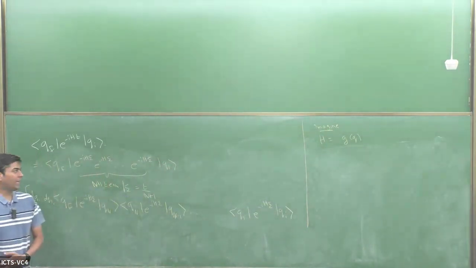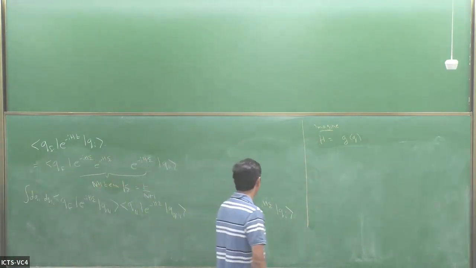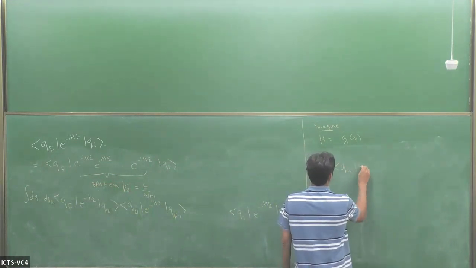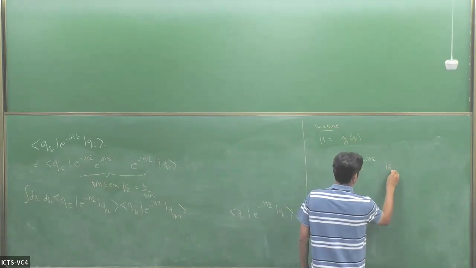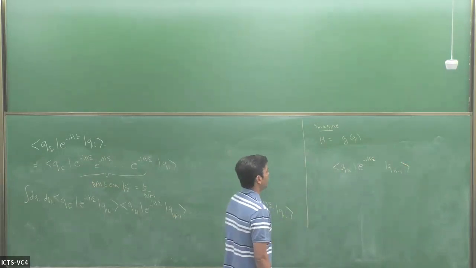So imagine H is g of q and doesn't have any function of p. Then focus on one of these terms.